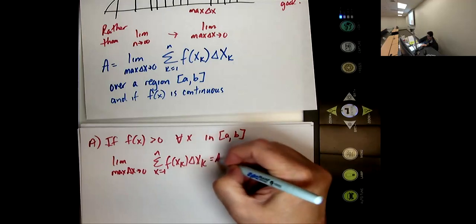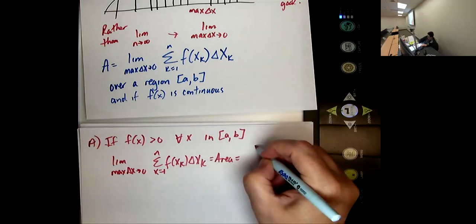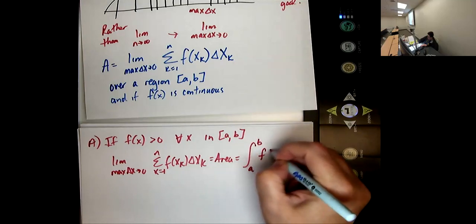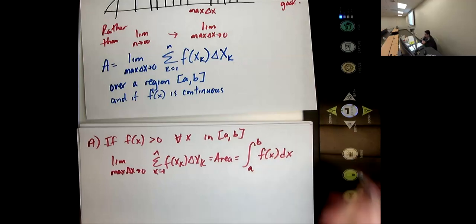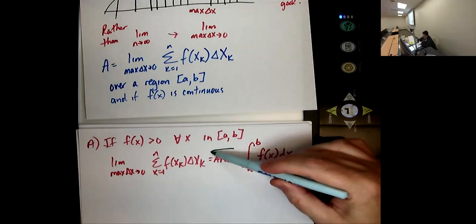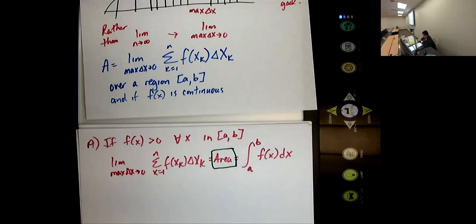It equals the area, and it also equals the integral from A to B of f of x dx. And this is the area. I said greater than 0, but it could be greater than or equal to 0.